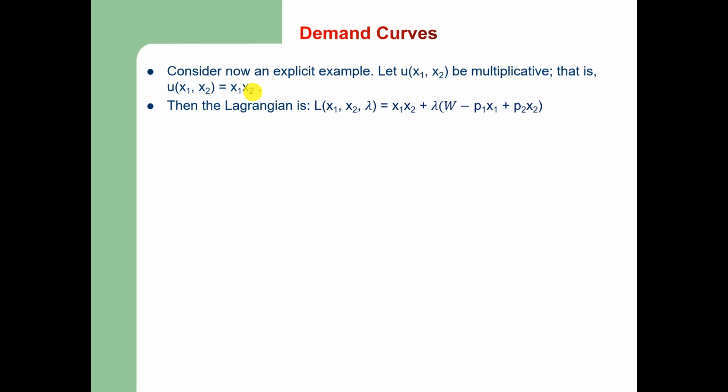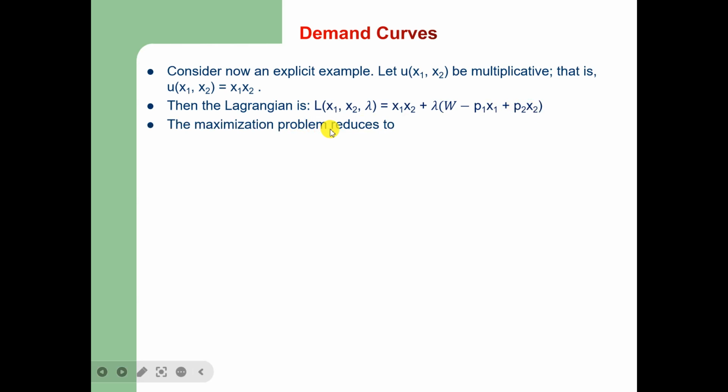Now, setting up the Lagrangian expression, we may write L as a function of x1, x2, lambda, and that is equal to x1 x2, this is the multiplicative utility function, plus lambda times W minus P1 x1. This is also minus P2 x2. Sorry for this, this is a typo. So this should be W minus P1 x1 minus P2 x2.